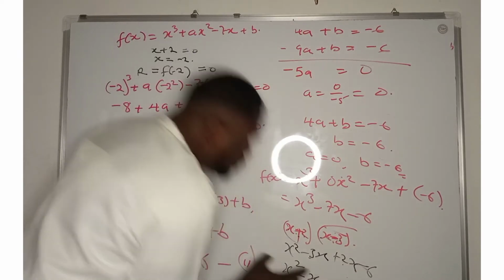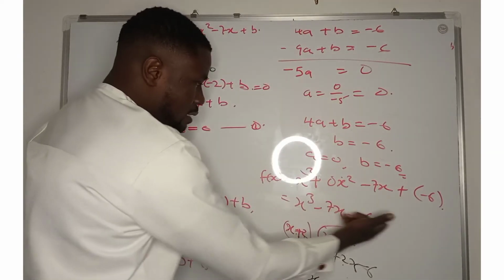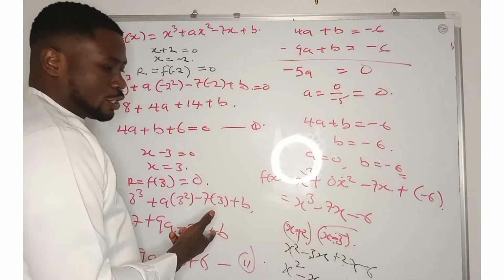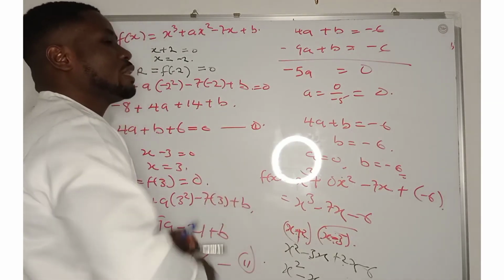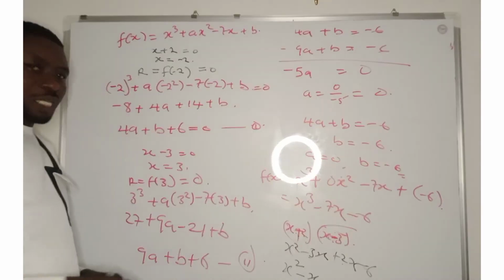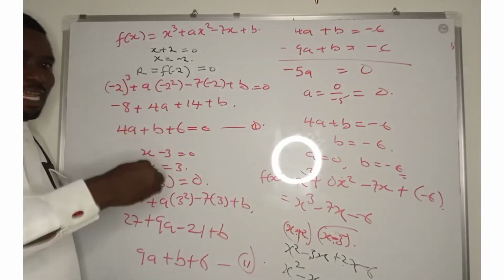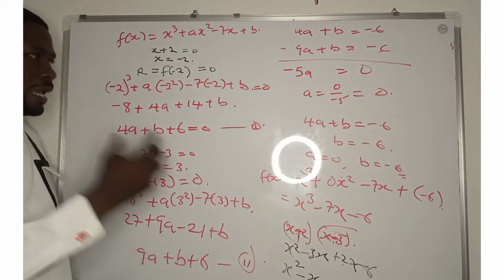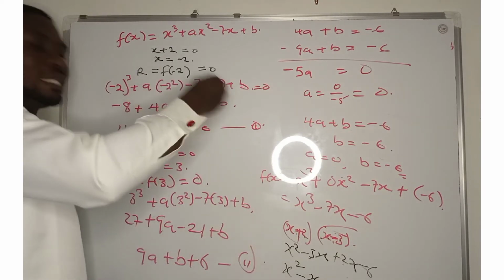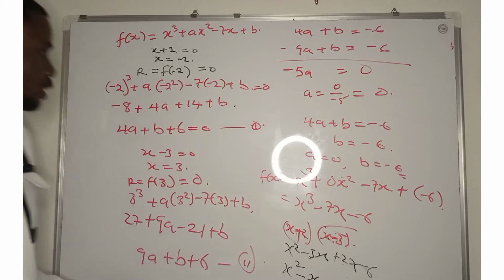We will now use this to divide the new expression that we have, to enable us to get the quotient. Once we get the quotient, that becomes the third factor, because the examiner says "and hence factorize," meaning that we need to find the third factor. So let's quickly do that.